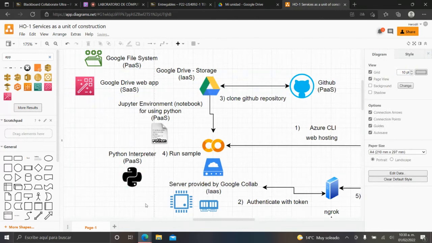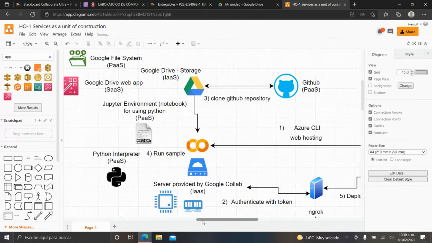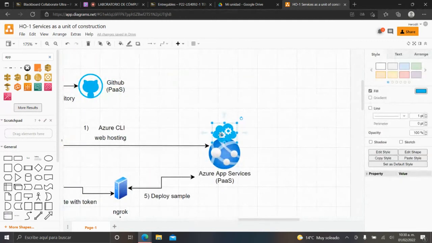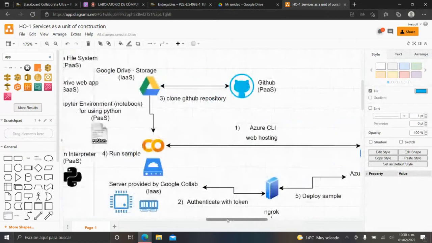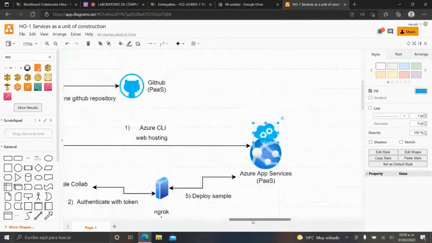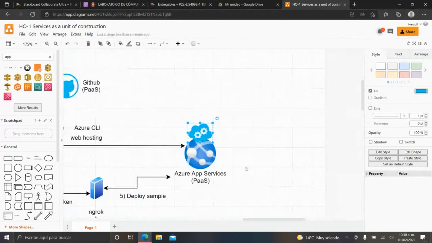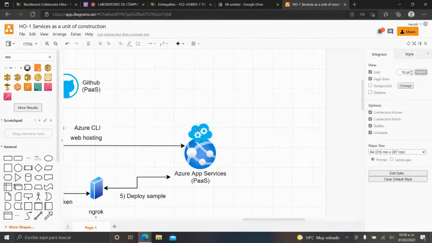Okay, so let's go to the right part, which is Azure. So now we leave this Google provider, and now we go to Azure. What are we using in Azure? So yes, we are using the Azure App Services, which is a platform as a service.